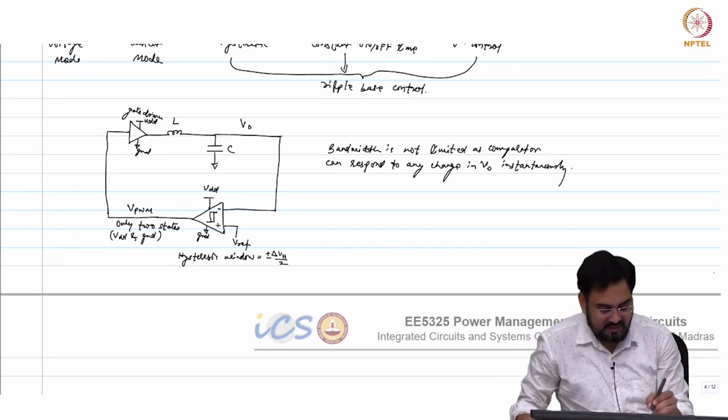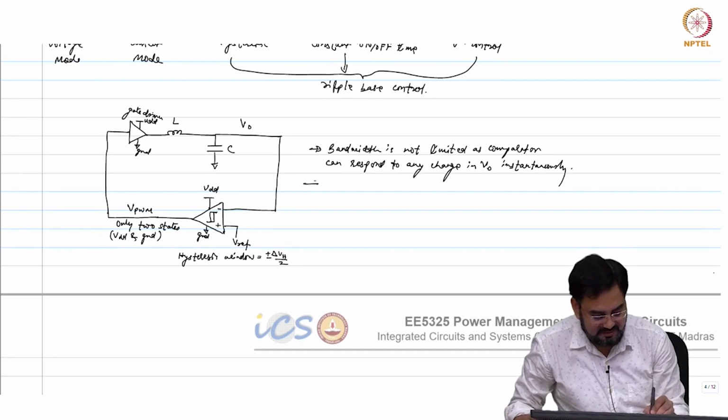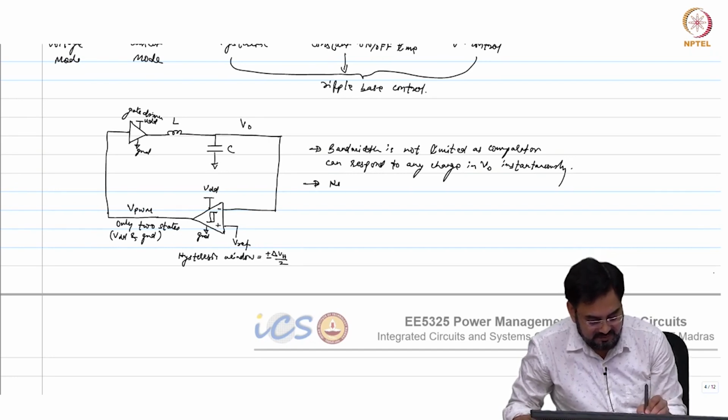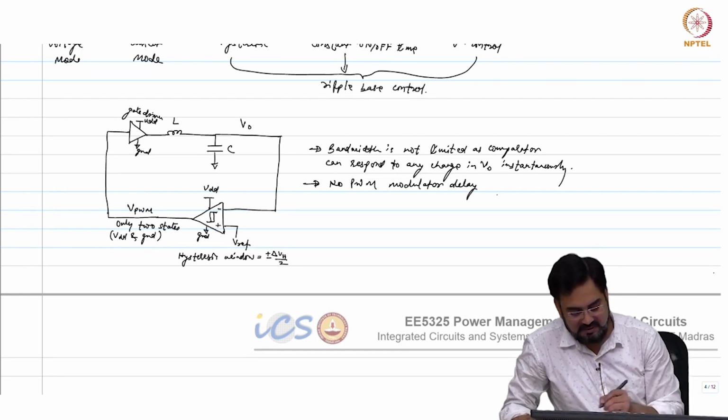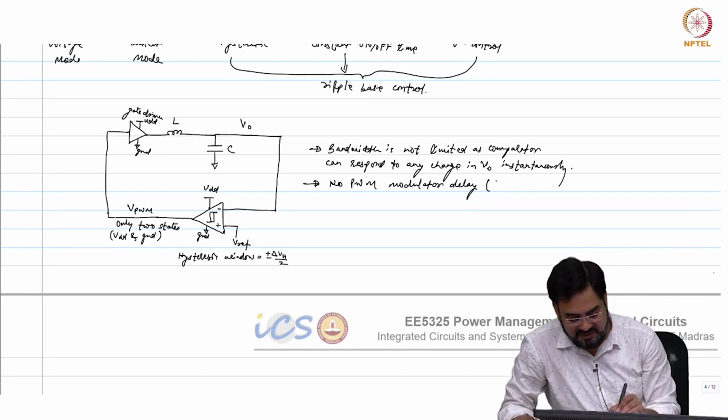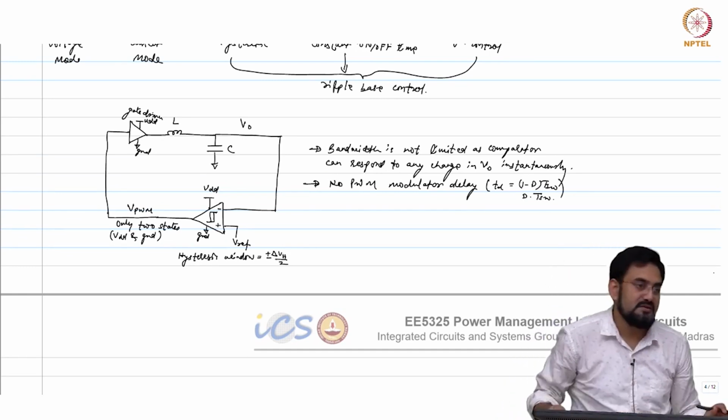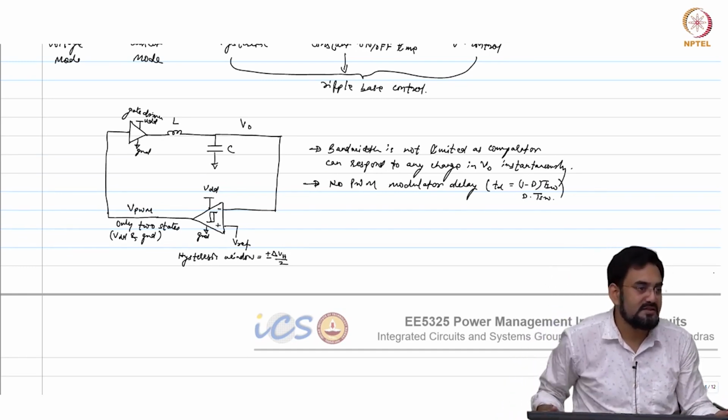Okay, so this is one thing. No PWM modulator delay, and if you remember, what was that? TD equal to (1 minus D) into TSW or D into TSW, two cases for trailing edge and leading edge.